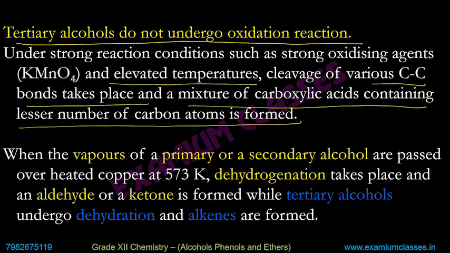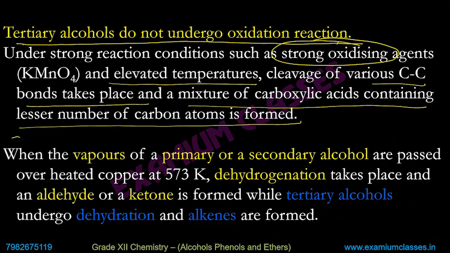But a mixture is obtained even if you use KMnO4, which is very strong oxidizing agent. That's why this converts primary alcohols directly to acid. But if it is used with tertiary alcohols, it gives you mixture of carboxylic acids containing lesser number of carbon atoms.